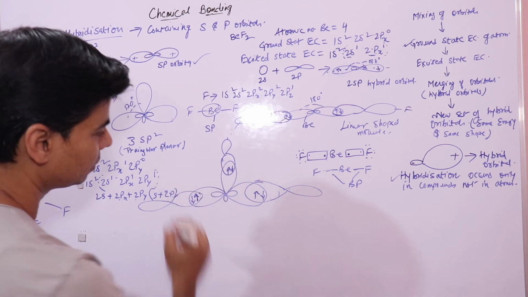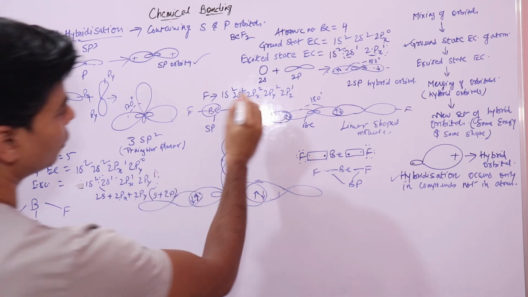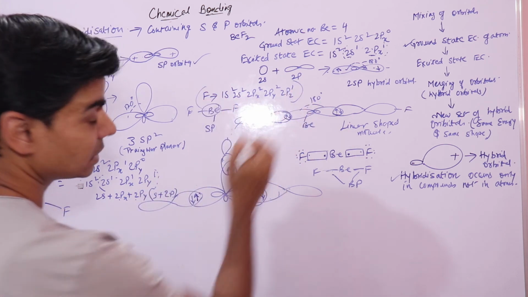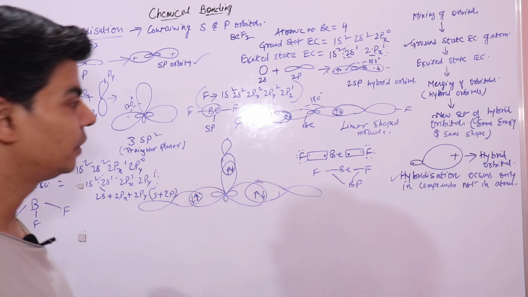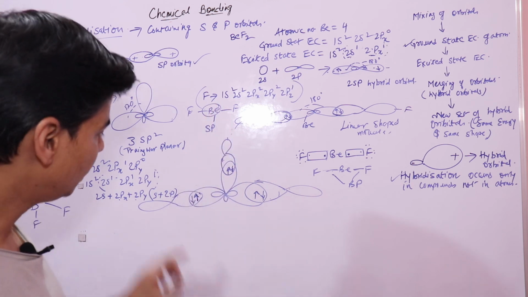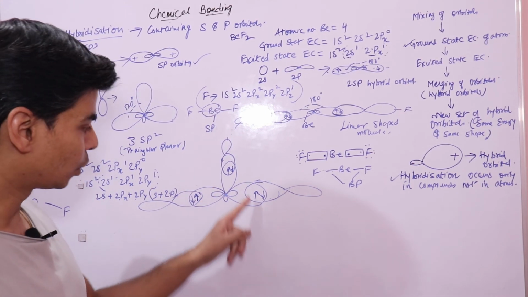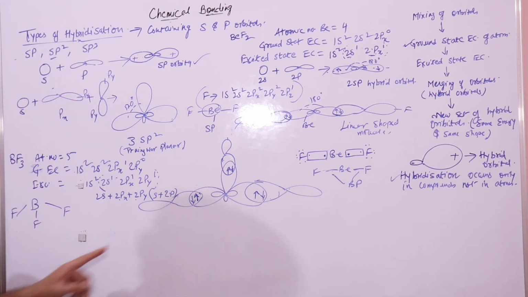We know the electronic configuration of fluorine is this. It has one half filled 2pz orbital, right? So the 2pz orbital of the fluorine atom will overlap with the sp2 hybrid orbital of this boron atom, right, to form bonds.